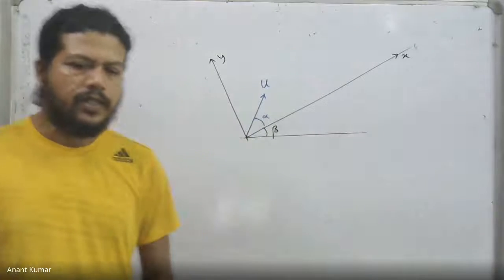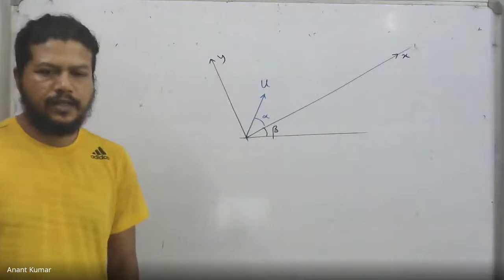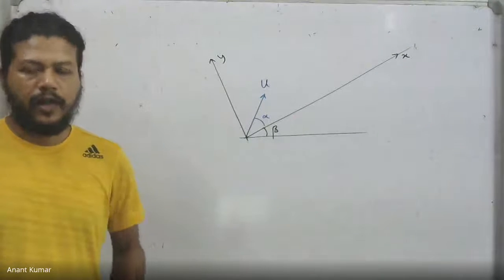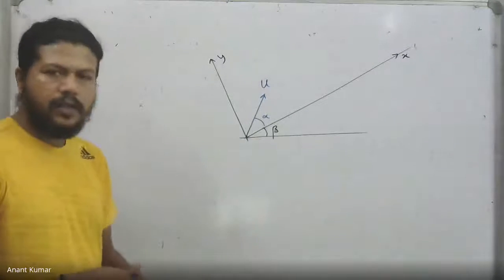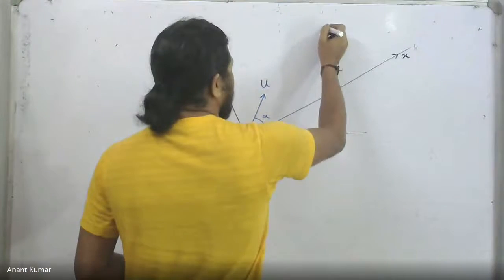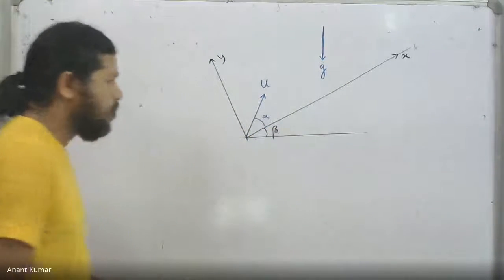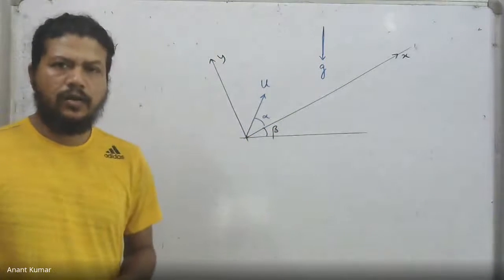Now, once we do this kind of transformation, the acceleration will have to be written down in both directions. The only acceleration that we have here, neglecting air resistance, is the acceleration due to gravity g, but that is pointing neither along the x-axis nor the y-axis.